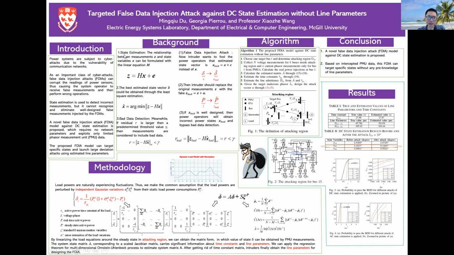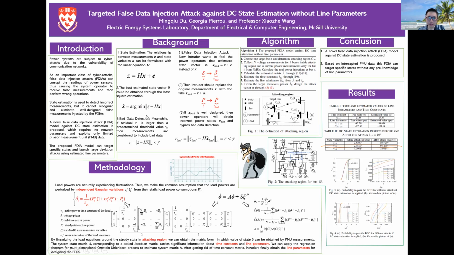So the state estimation is formulated as a linear equation below. The measurement Z could be the active power, reactive power, or anything else. And the state variables in the power system could be the current or voltage or something like the switches. Then the best estimate state vector X hat can be obtained through the least square estimation below.